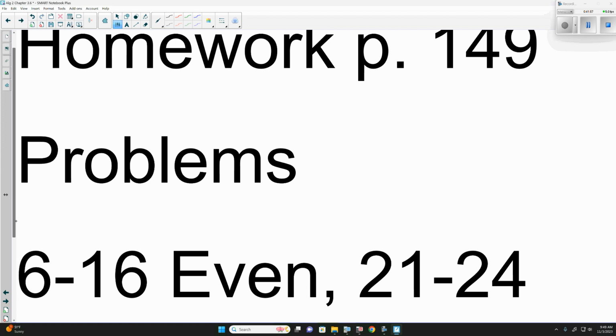So for that, all I'm looking for is what's the value of the discriminant, b squared minus 4ac. How many solutions do you have? 2 or 1, because either 2 complex, 2 real, or 1 real, and that's it. You're not actually solving 21 through 24. The ones that you will need to get answers to are 6 through 16 even. You will not have an actual solution for 21 through 24.